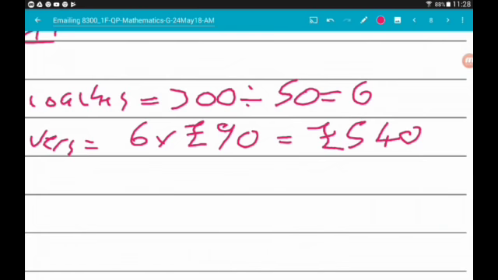So just like we did up above, we can split this multiplication up. So for that, we're going to do 100 times 0.7, which is going to give us £70.